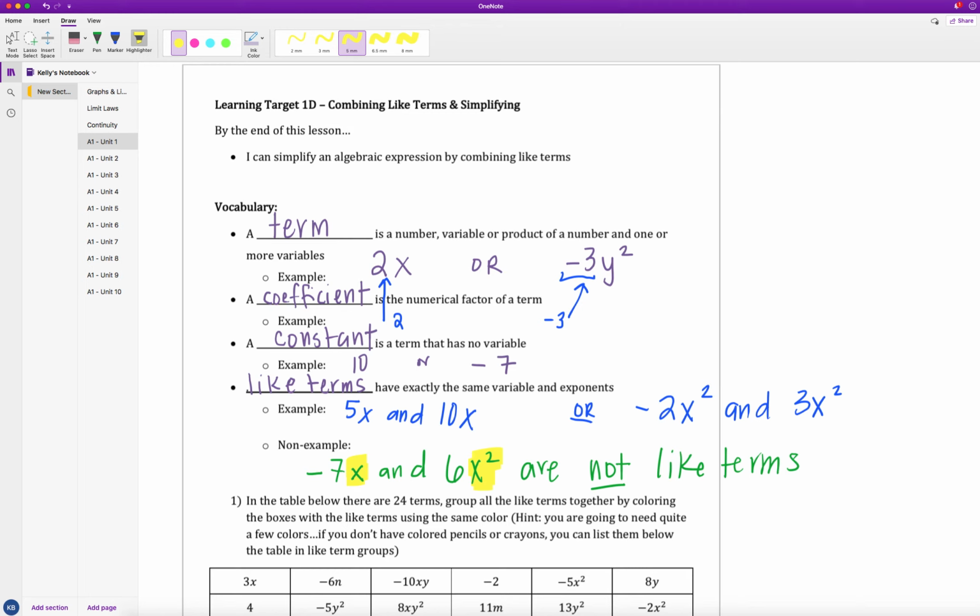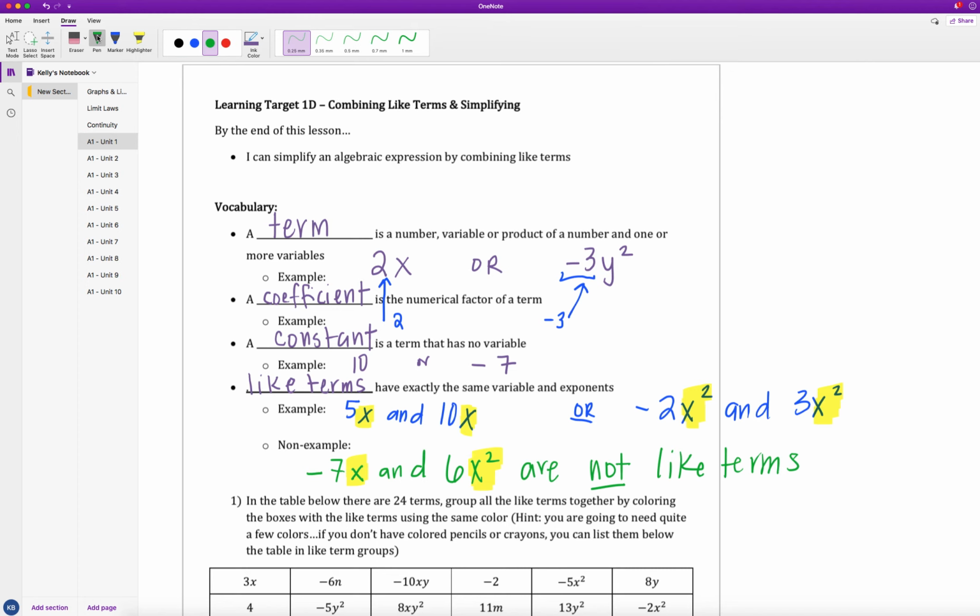Versus our examples up above: 5x and 10x are both x to the first power, so those are like terms. And -2x squared and 3x squared are both like terms because they're both x squareds.